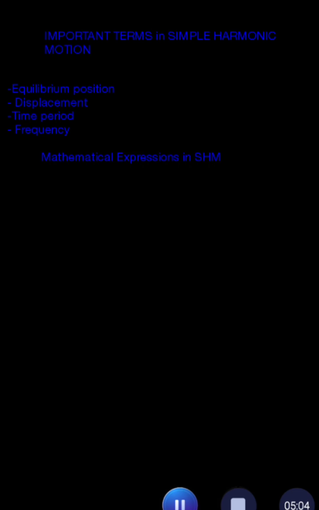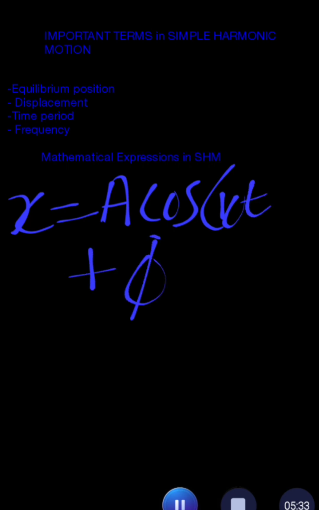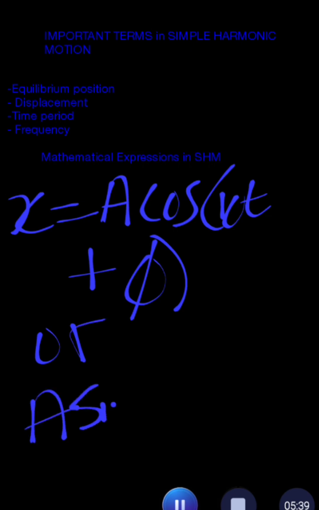In simple harmonic motion, displacement can be written as either x equals A cos(wt plus the phase), or x equals A sin(wt plus the phase).